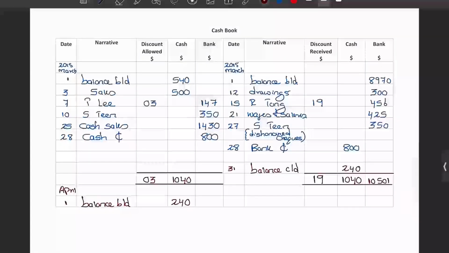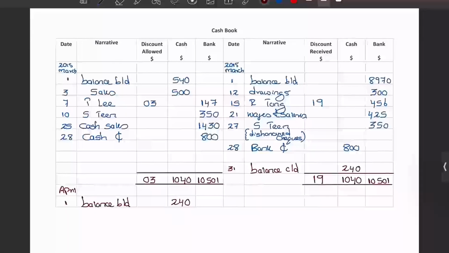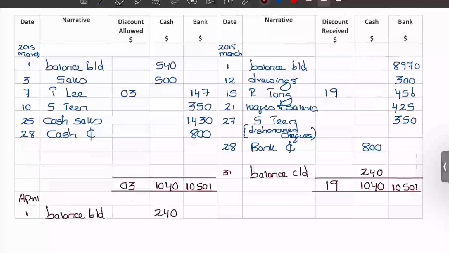10,501 is the total. Put it on both sides. Now the shortage is on the debit side, right?